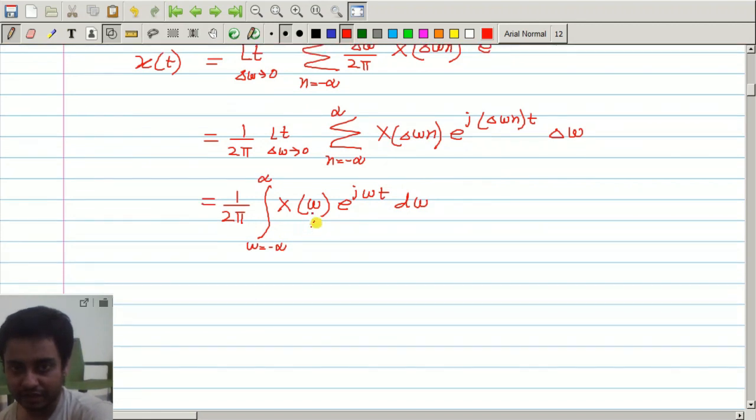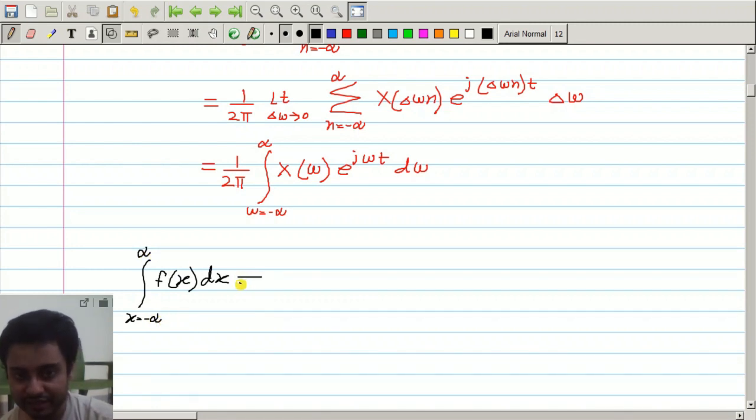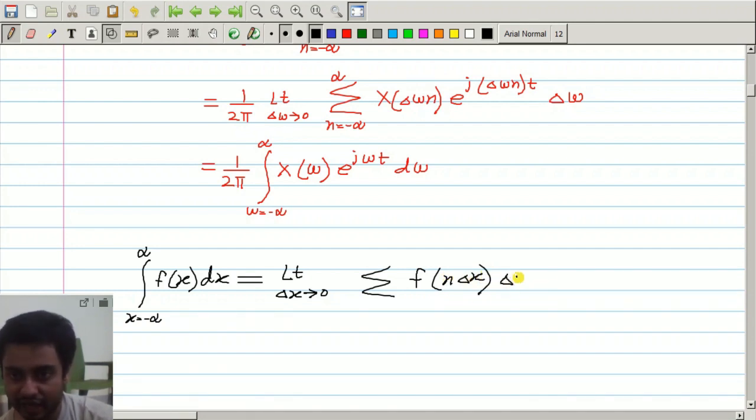This is because if you recall the basic Riemann definition of integration, if you have a function say f of x, and you want to integrate it over x from minus infinity to plus infinity, that is the same as doing this sum: sum over f of n delta x times delta x, n running from minus infinity to plus infinity, and delta x tending to 0.